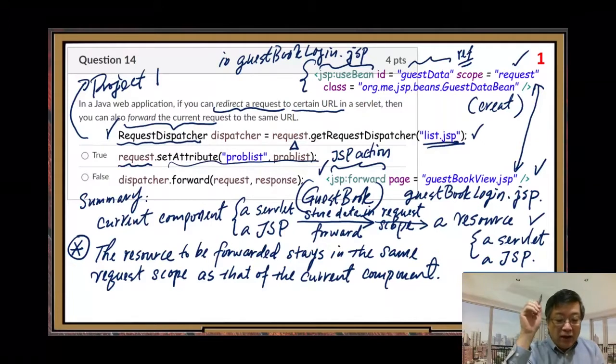Then, with this property, let's look at our current question: if you can redirect a request to a certain URL.